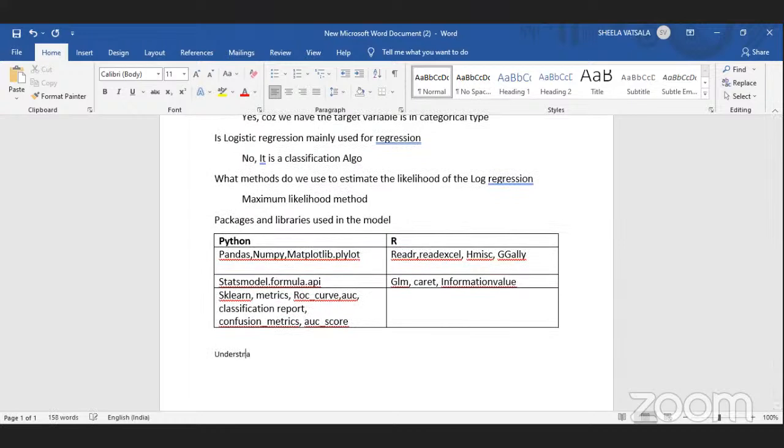Understanding the value of AIC to identify the performance of the model is very important.